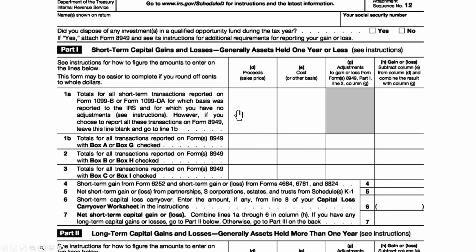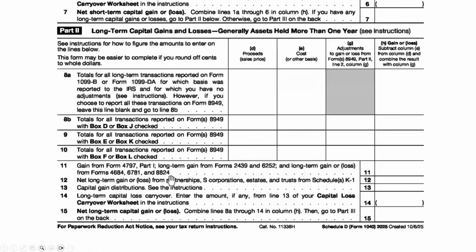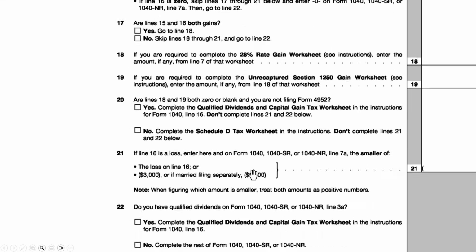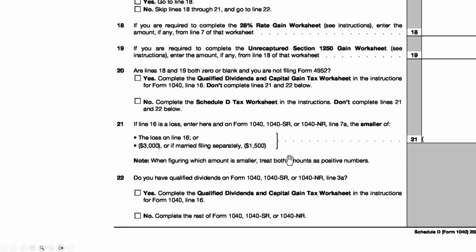But in any case, you're going to show all of your short-term gains and losses. Then you're going to show all of your long-term gains and losses. And then you are going to go to the second page, which is a summary where you're going to show the total of your short term, the total of your long term to come down to your net gain or loss that will be reported on the 1040.